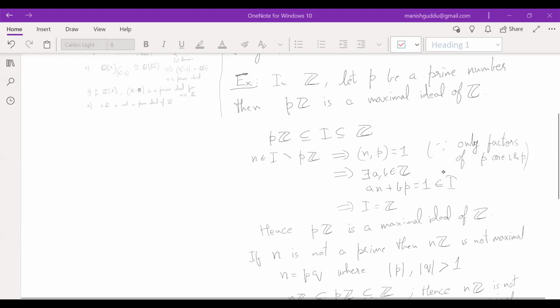Whatever this example with Siddharth was suggesting will work in this case, but we only consider rings with unity. People don't think about prime ideals and maximal ideals in rings which don't have unity.